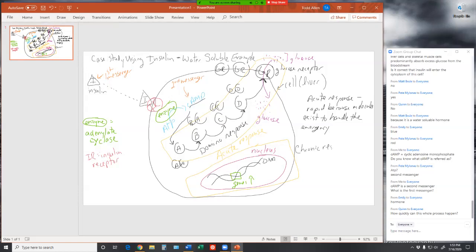The chronic response involves turning on genes to manufacture additional molecules to lower blood sugar faster.